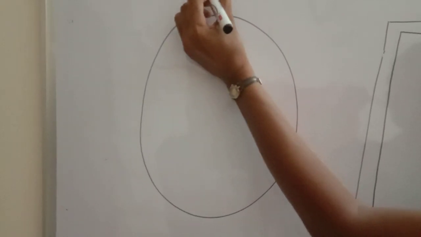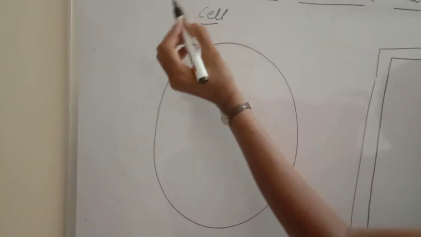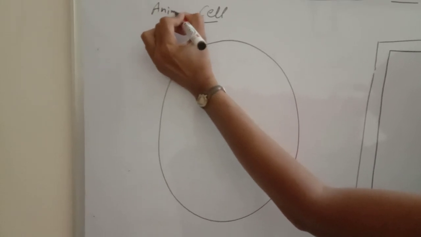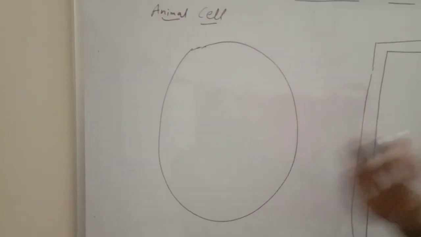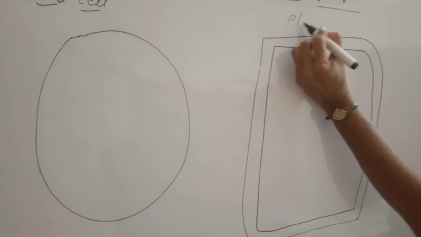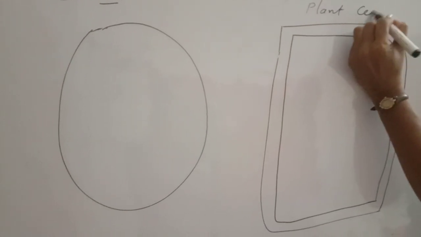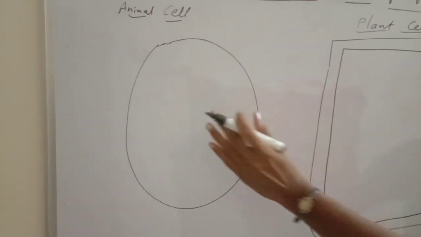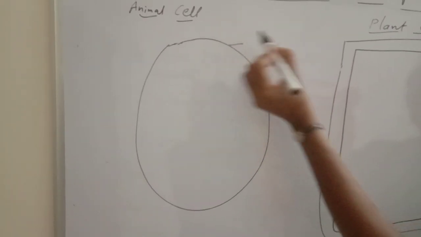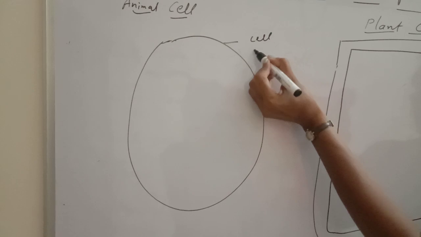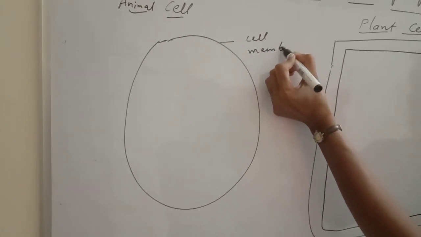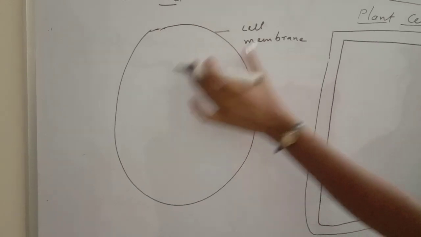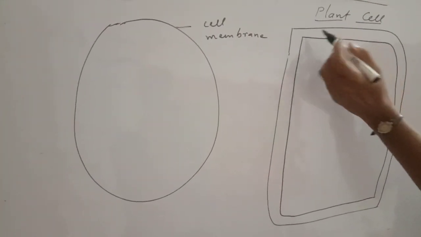Okay, now let's discuss the cell. This is the structure of an animal cell, and this is the plant cell. In the animal cell, the outermost layer is called the cell membrane. But in the plant cell, there are two layers.